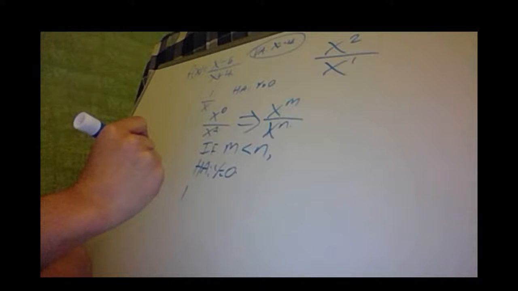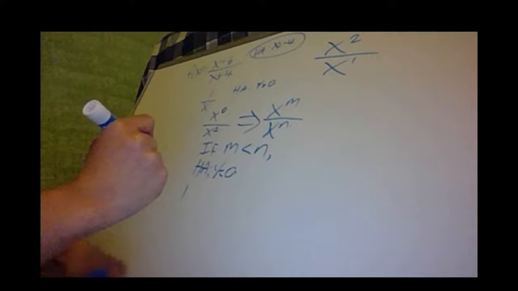Now, if we had something like x squared over x to the first power, right? If we have x squared over x to the first power, then we have, this is x, right?